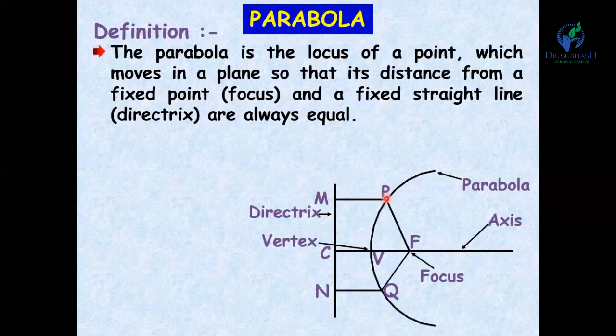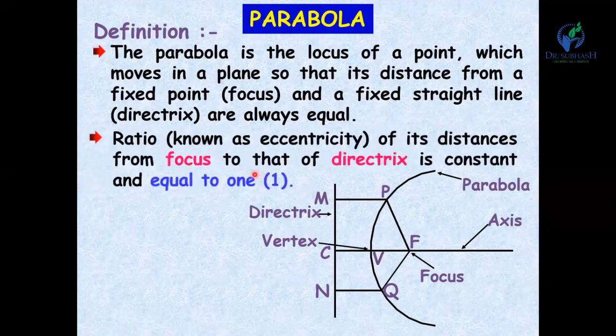If we take the point P on this curve, then PF is equal to PM. So the distance from the fixed point is equal to the distance from the directrix. So the ratio of its distances from focus to directrix is constant and equal to 1.